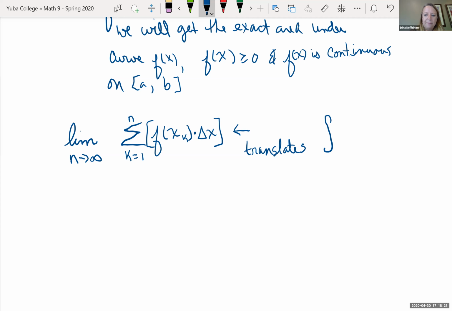We're summing f of x. So we're summing all the rectangles. And this dx is our change and the width.